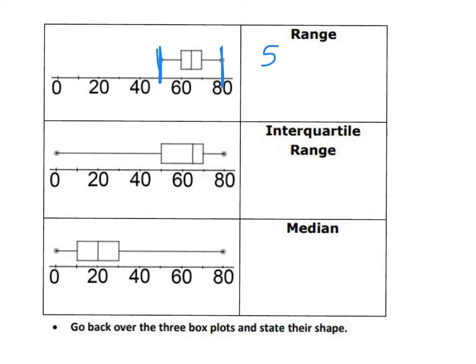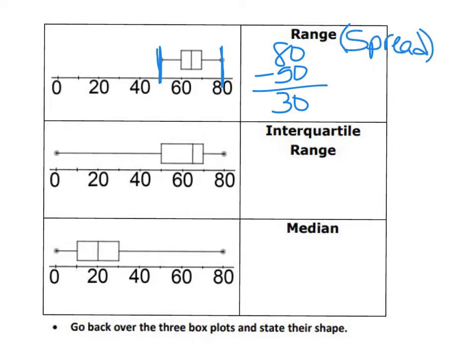So 80 minus 50, and that gives you 30. So the range is 30. And remember, range could also be called spread. Okay, so all you have to do is look for the lower extreme and upper extreme.